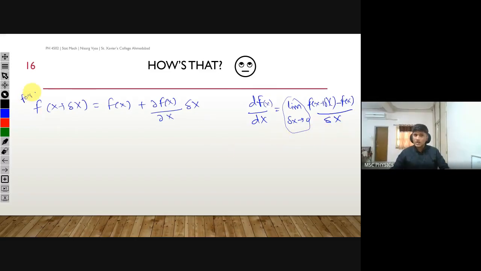So for small delta x, you can write it like this: you multiply delta x here, delta x times d f of x by dx, and bring f of x to this side. So f of x plus this equals f of x plus delta x. Since delta x itself is a small number, we are not taking the limit. Without the limit also, this equation is equally valid for small delta x, and if delta x tends to 0, this is exactly the correct equation.